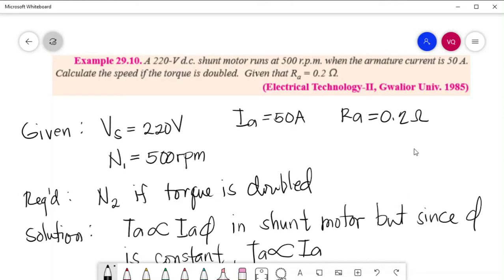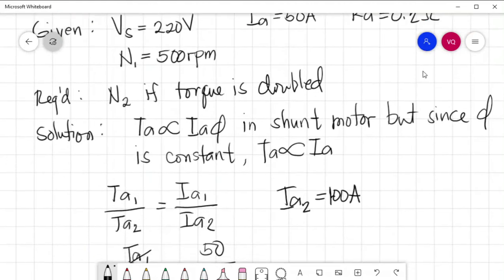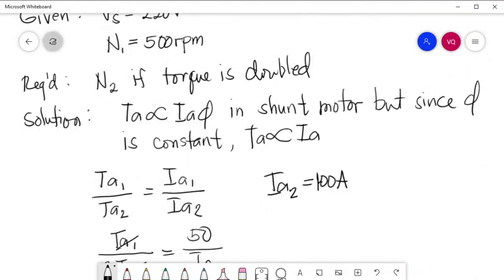Since in our previous discussion, we said that the armature torque is directly proportional to the armature current multiplied by the flux in a shunt motor. Since flux is constant here in this problem, we can say that armature torque is directly proportional to the armature current.